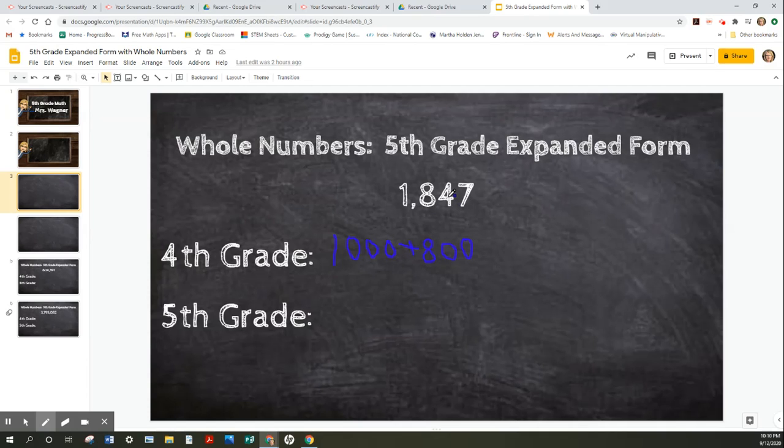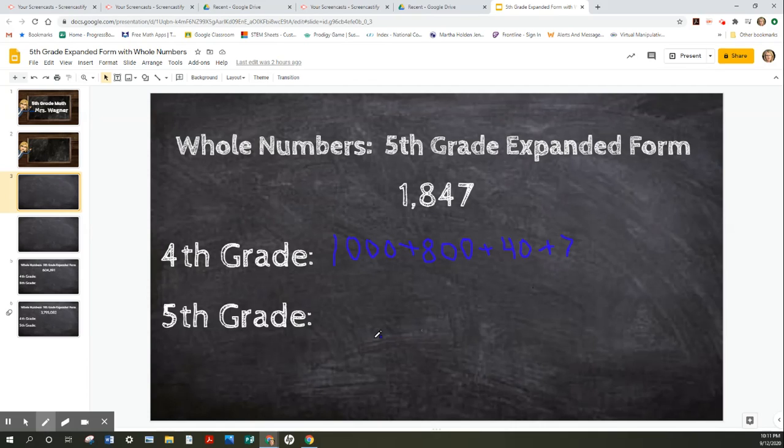And then we would look at the number in the tens place and say there are 4 of those, so 4 tens is 40. And then we look at the number in the ones place, and there are 7 of those, and 7 ones is equal to 7. And that's fourth grade expanded form.